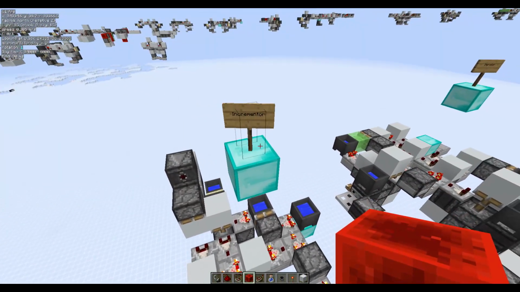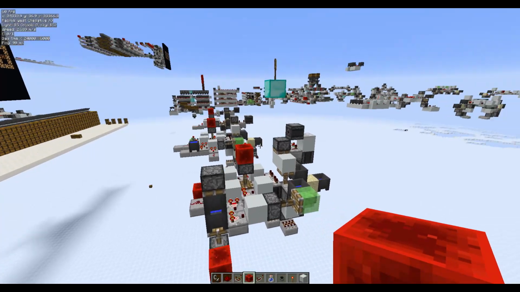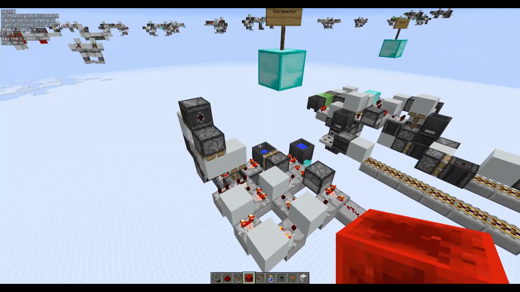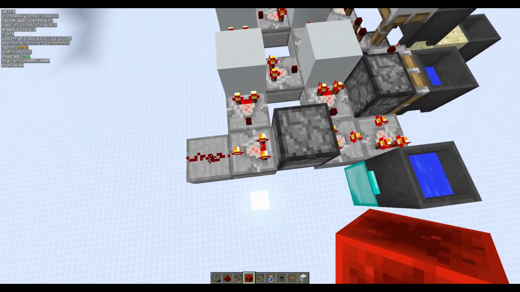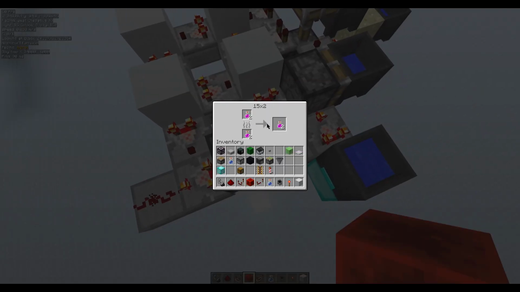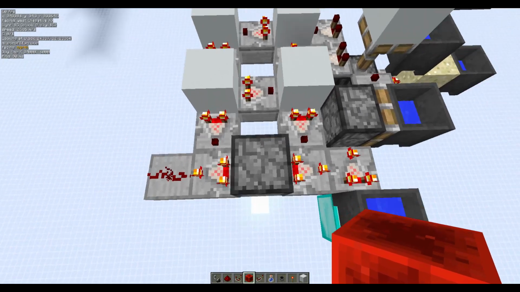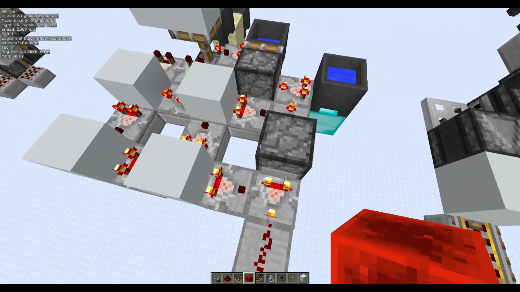Here we have an incrementer. This is the same thing as a decrementer, except we do some subtraction. So we have a power level. This is 15 times, this is 14 times 2 plus 1, but I just write 15 times 2 because it's easier.